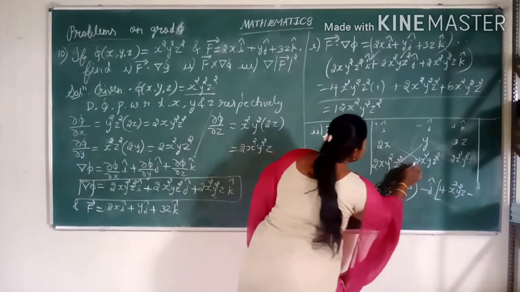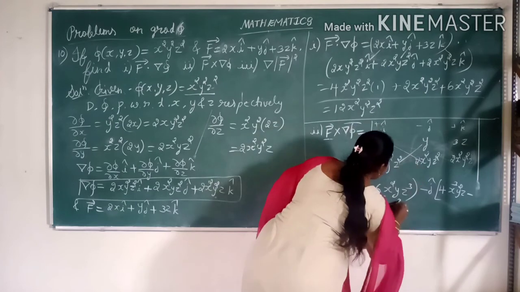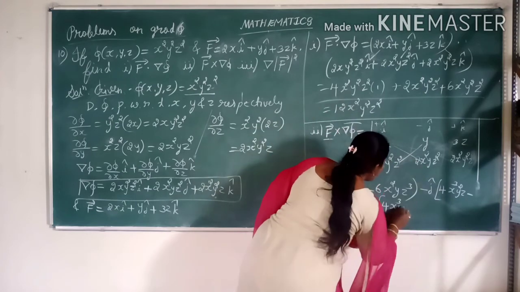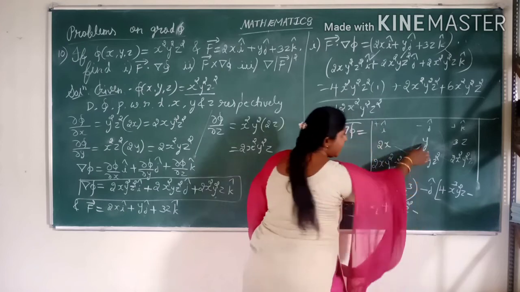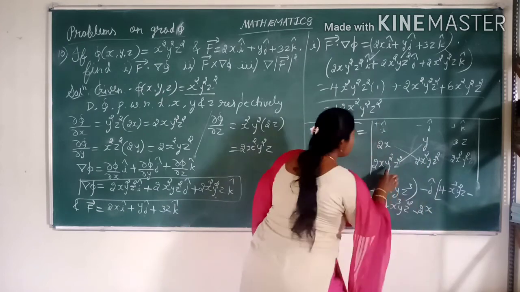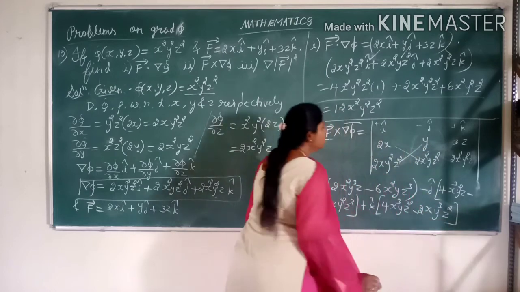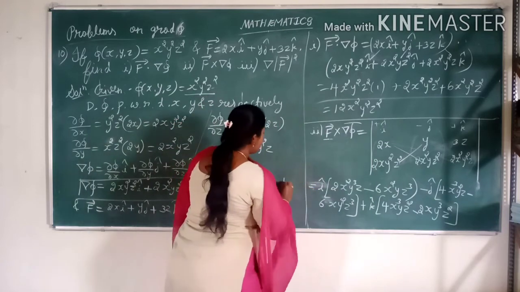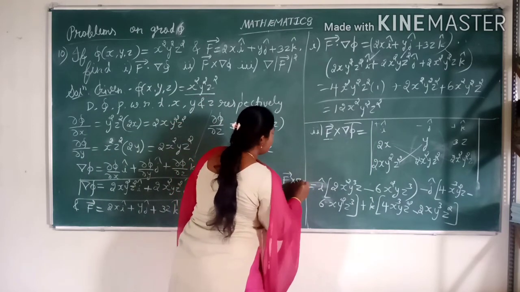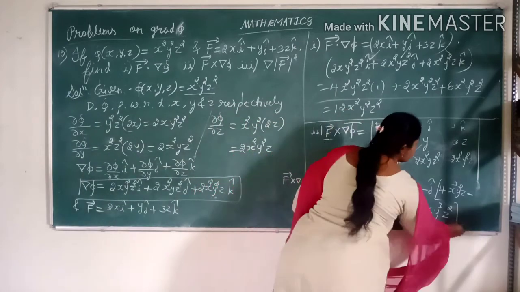That is 2 2s are 4 into x square x cube into y into z square minus 2 1s are 2 x into y square into y cube into z. This is called the vector f cross y. Still, you can simplify or you can keep as this.